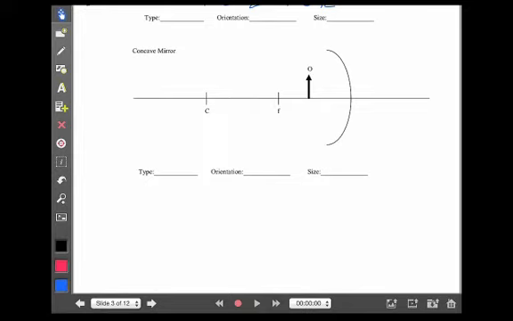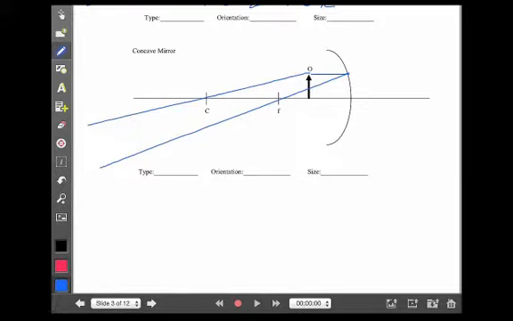Okay, our last example, now we're between the focal point and the mirror. Our first ray from the top of the object through C. Our second ray straight across, then it bounces off the mirror through F. Now once again you can see that these lines don't come together, but they're not parallel, which means they do come together.